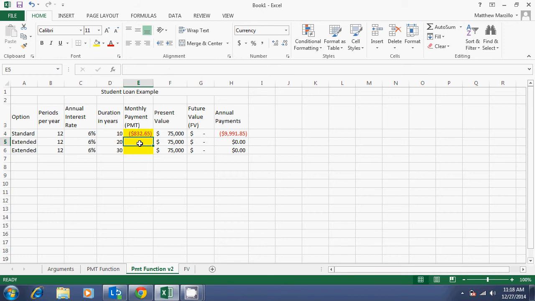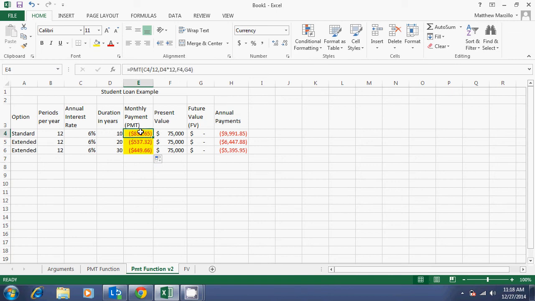Now, since we set up the referencing so that we're referencing the right cells, and we want relative cell referencing for all of these, we're not going to insert any dollar signs. We can simply pull this formula down and calculate it for each of the different loan options here, whether we're doing 10, 20, or 30.